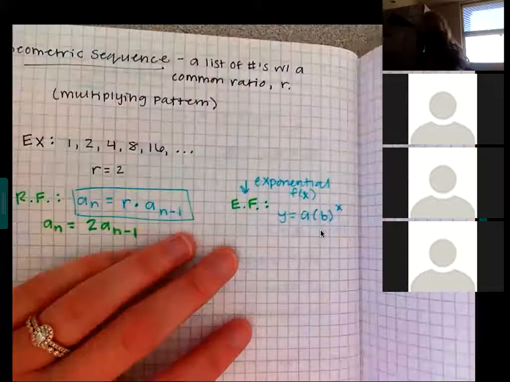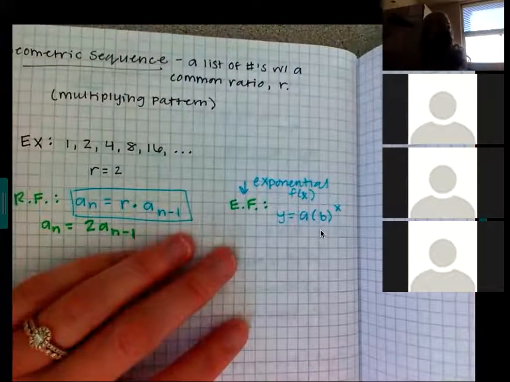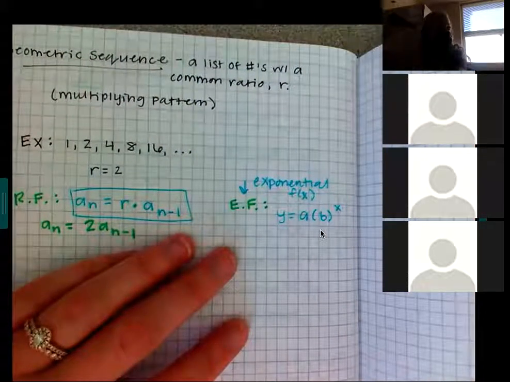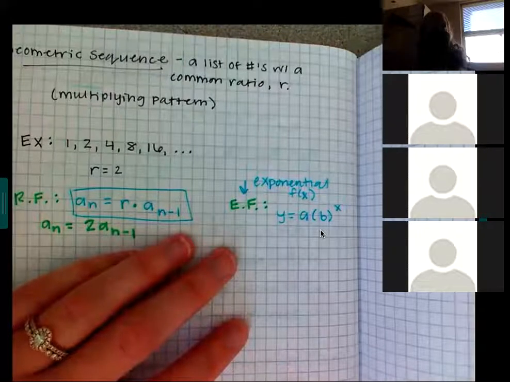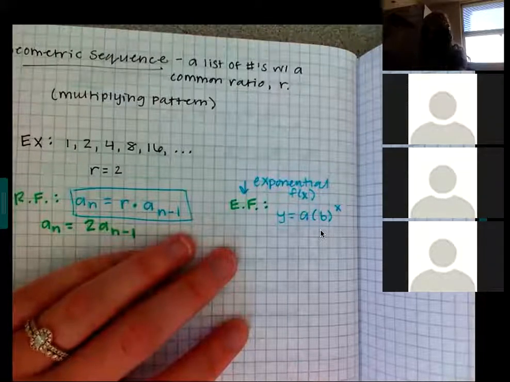Y'all remember doing that all the way back in Unit 2? It's exponential because x is the exponent. Remember that a out front is your initial value. The b in parentheses is the rate you're multiplying by, and then you raise it to the x.